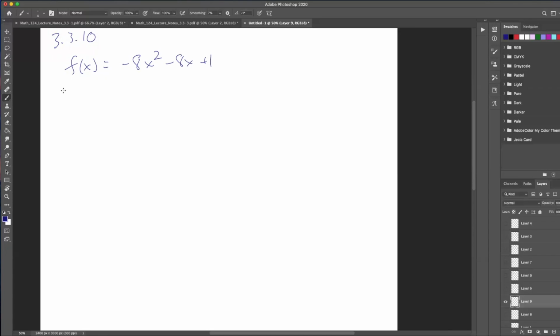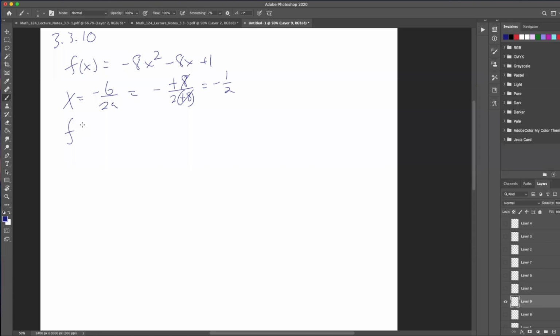Okay. So the first thing we want to do is find the vertex. So this would be minus b over 2a. In this case, it's minus minus 8 over 2 times minus 8. So I have minus, minus, minus, so I'm still minus. The 8's cancel. So I have minus a half.